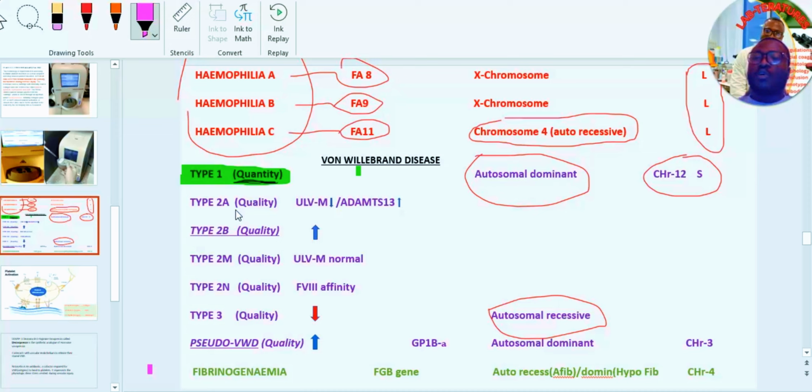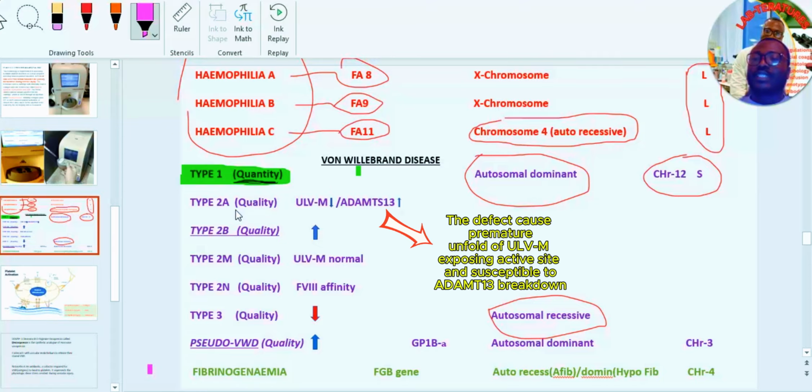So the whole von Willebrand factors are assembled as ultra-large von Willebrand factor multimer. And there is an enzyme called ADAMTS13 that breaks them down into smaller ones if they are not needed or they are not being used within the peripheral blood. They can break your ultra-large von Willebrand multimers down and they will not be able to stabilize a clot.